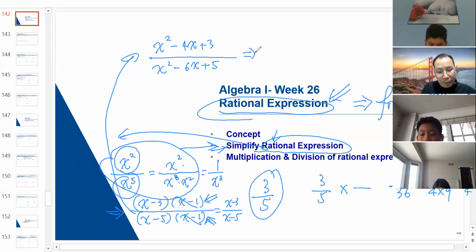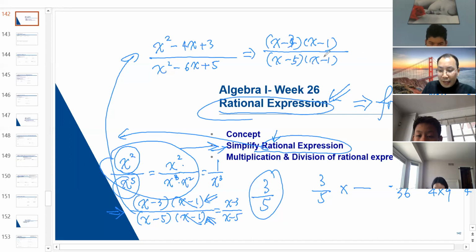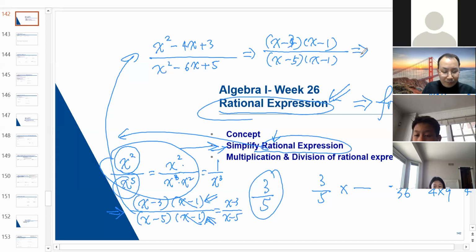We use our last chapter's knowledge. We pay a lot of attention to factoring these kinds of polynomials, right? This one can be factored as x minus 3, similar to this case. And then you do the simplification. All right, simplify, so you can go further.